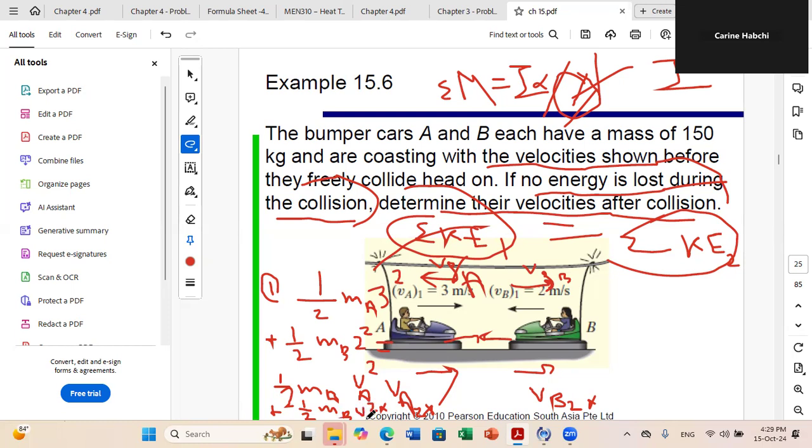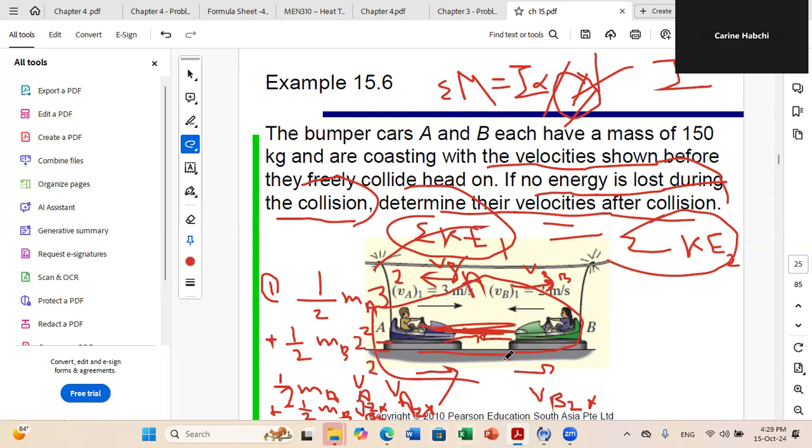I need a second one. Whenever you have a collision, think about taking the whole system and applying conservation of linear momentum, because when I take the whole system, the force of the accident, the collision force, will cancel out by action reaction, and all external forces are non-impulsive.